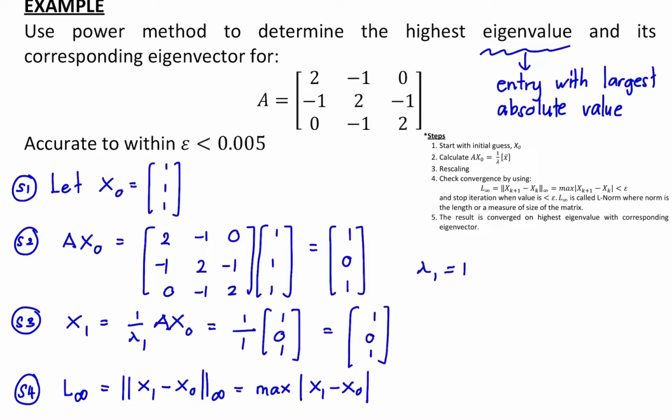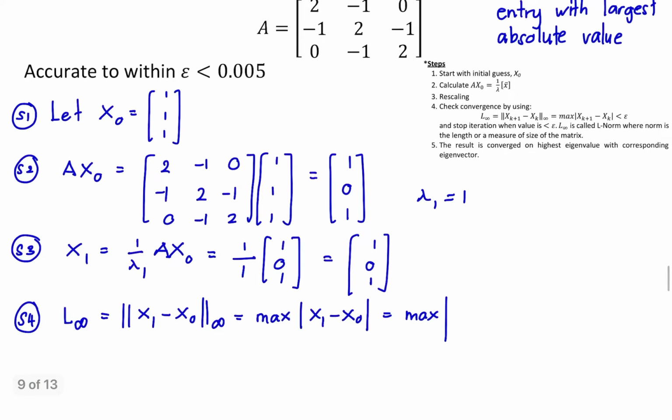So entry 1 take away entry 1: the maximum value of the absolute value of 0 minus 1, 0. Where do I get that 0 minus 1, 0? 1 take away 1 is 0. 0 take away 1 is minus 1. And 1 take away 1 is 0.